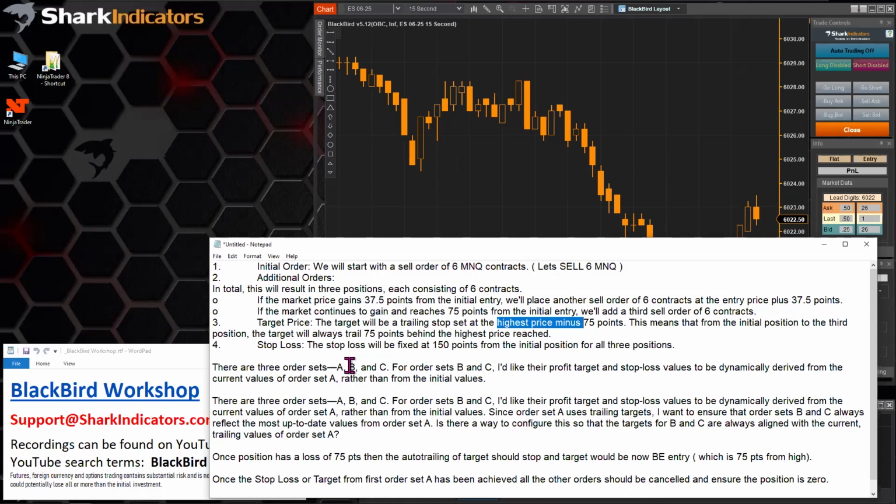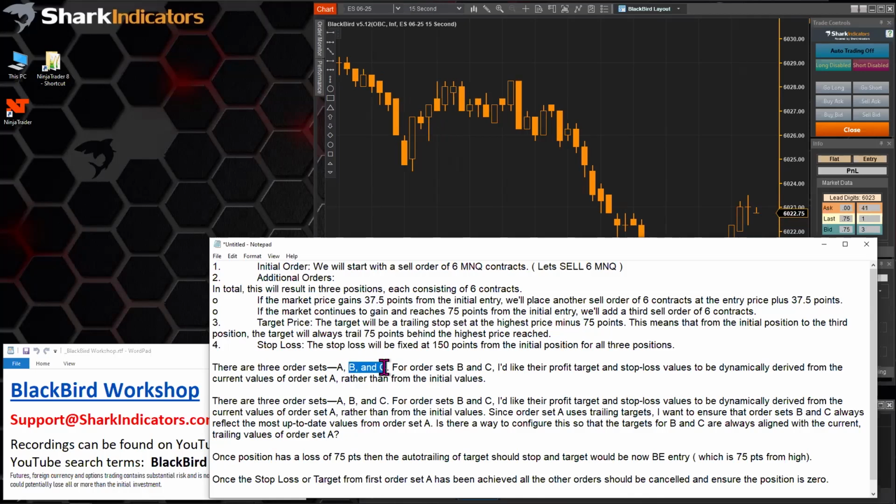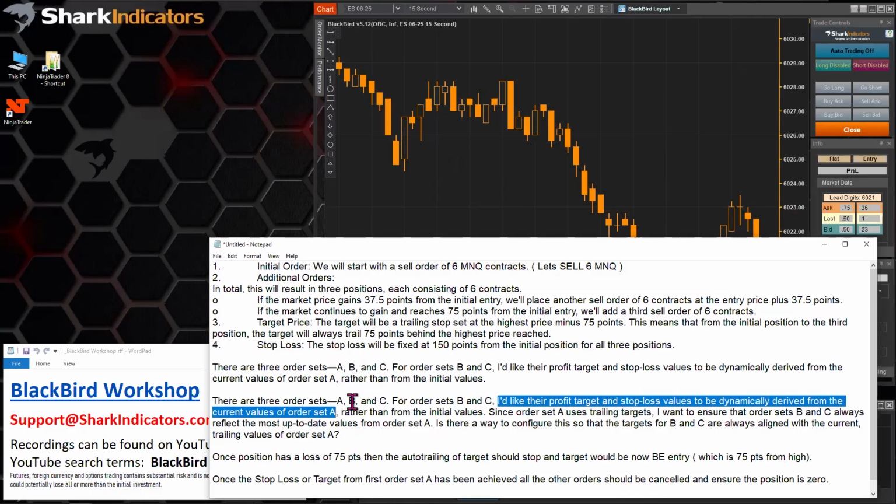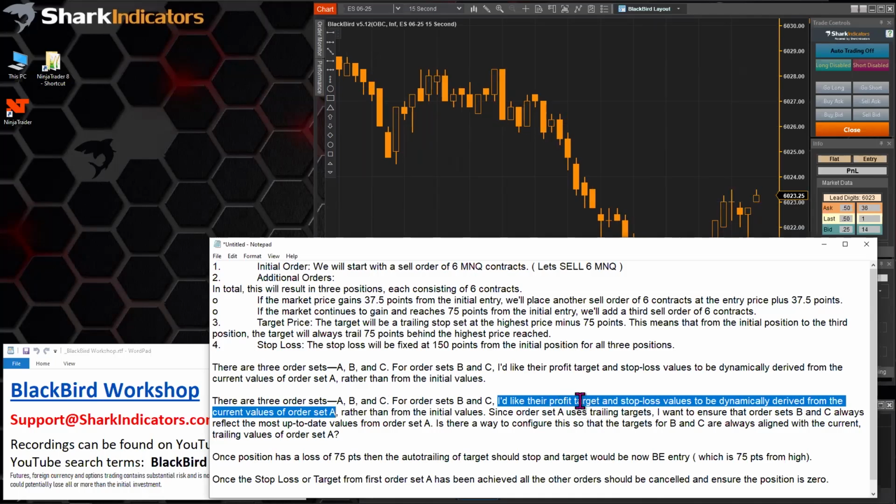But for the other two scaling in contracts, B and C, we want to make sure that the profit targets all line up. So if order set B and C, our scaling contracts, get filled, we want to make sure those profit targets all line up.